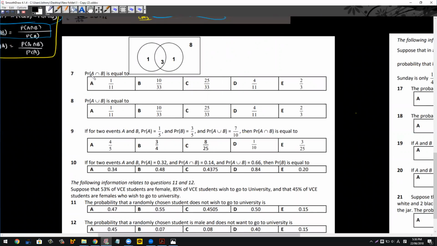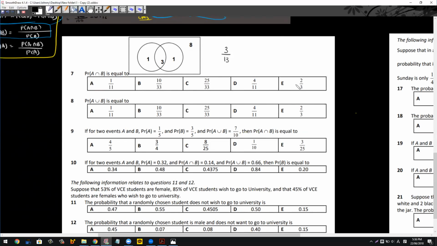So question 7, what's the probability of A and B? That's 3 out of, that's equal to how much? 4, 5, 13, isn't it? 3 out of 13. I think it's none of these actually. So the answer is not found here.